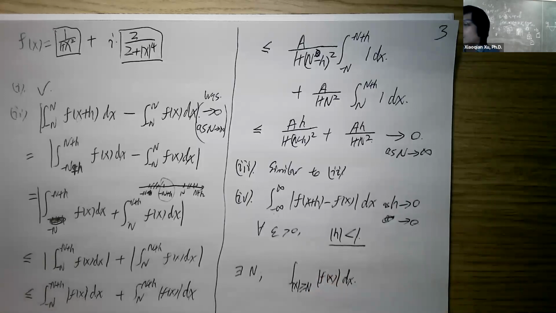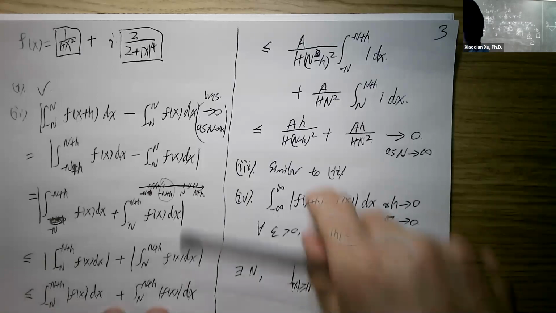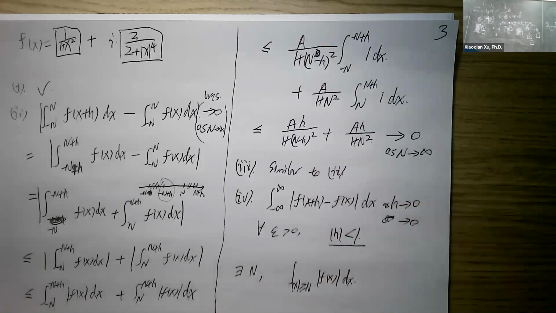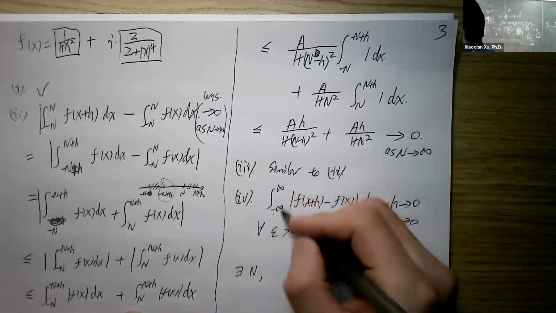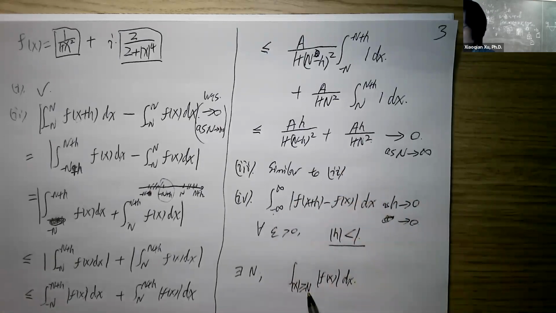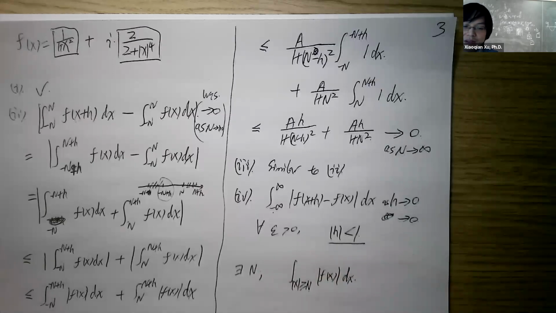Which means if you are only interested in this far field of your integral, which is like you take from minus infinity to infinity, but now we are only interested in from some big number to infinity and from some big negative number to minus infinity, then this part could be very small.